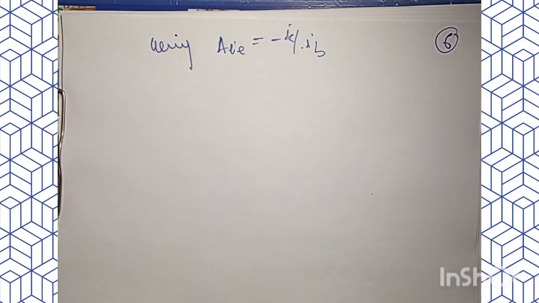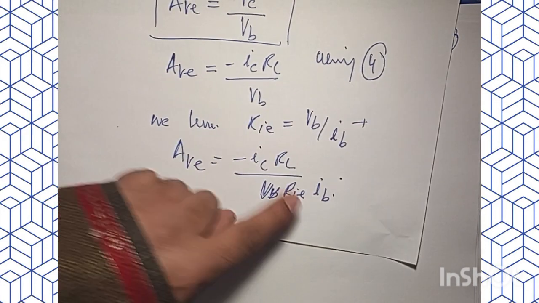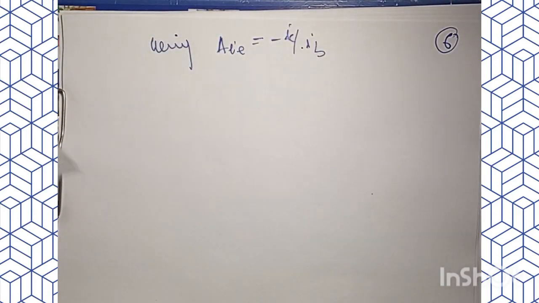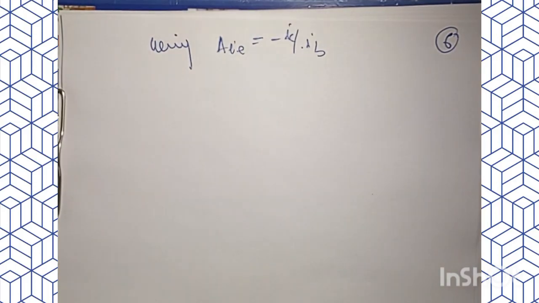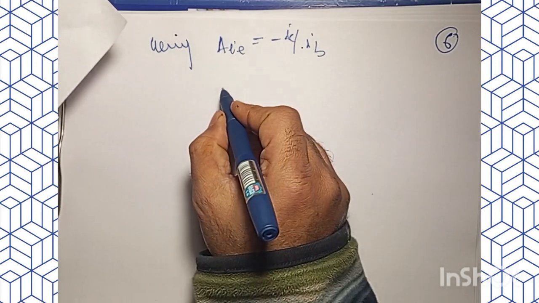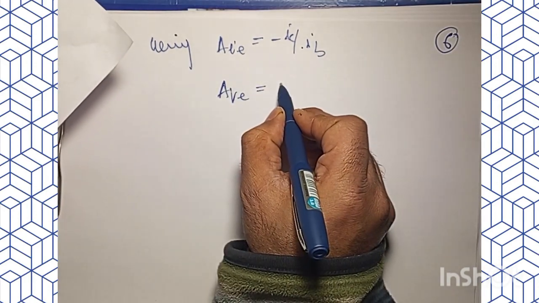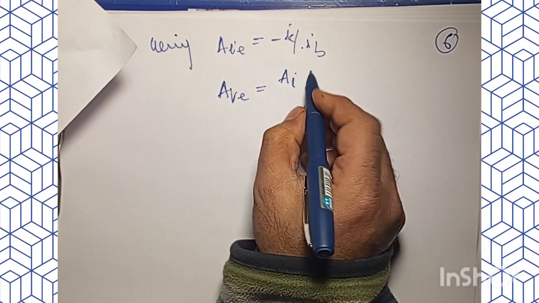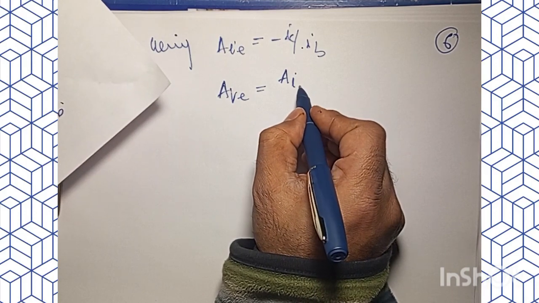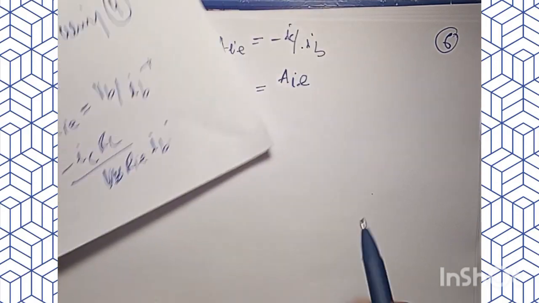Okay, so here you can see this is minus IC by IB, and for minus IC by IB I'm going to use AIE, right? So where's my equation? So this AVE will be AIE RL by RIE.